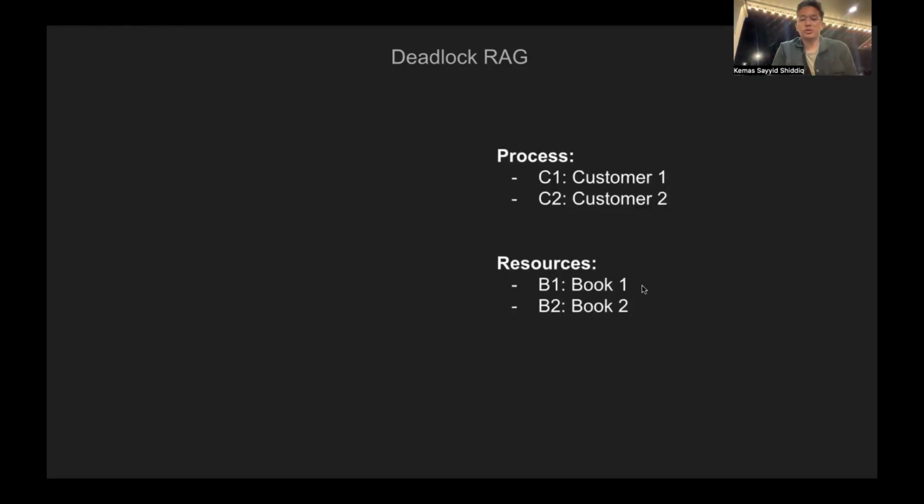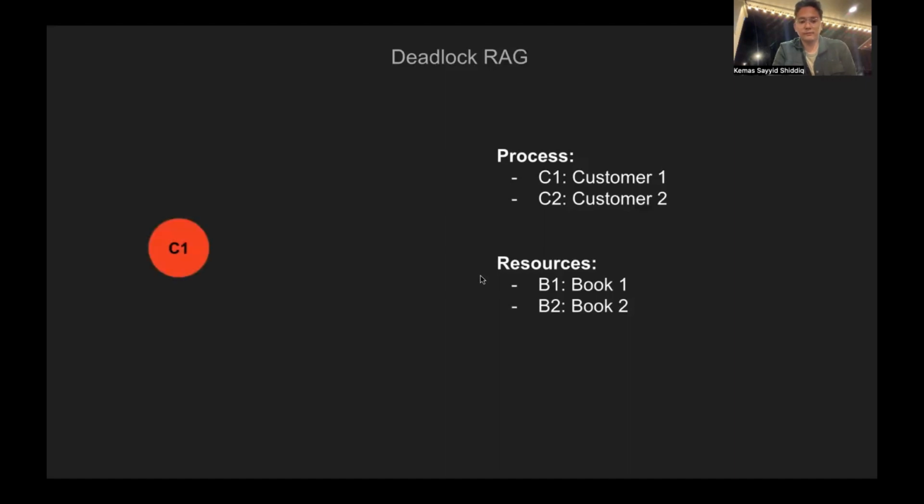I would like to explain about the deadlock resource allocation graph. So what's the difference between deadlock and non-deadlock RAG? Let's take a look at our graph. We have processes represented by customer 1 and customer 2, and the resources by book 2 and book 1.